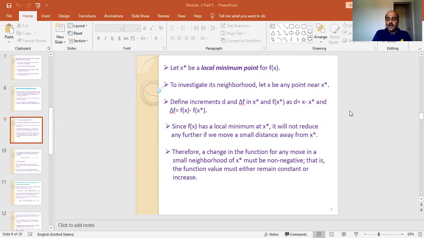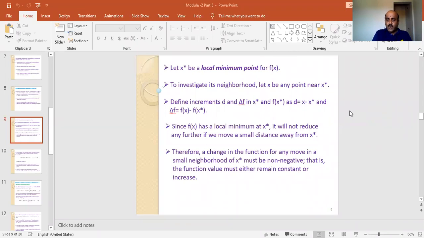Okay. Let us take x star as a local minimum point for the function f of x, and to investigate its neighborhood, let us take x be any point near x star. Define the increments d and delta f at x star and f of x star as d, a small increment. d is equal to x minus x star, and delta f is equal to f of x minus f of x star.